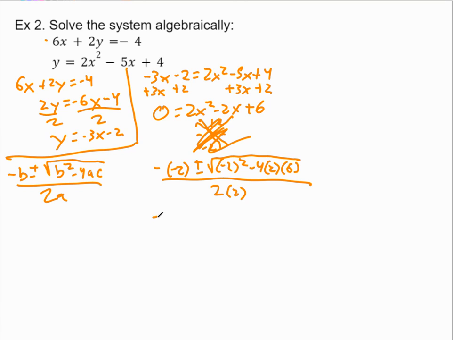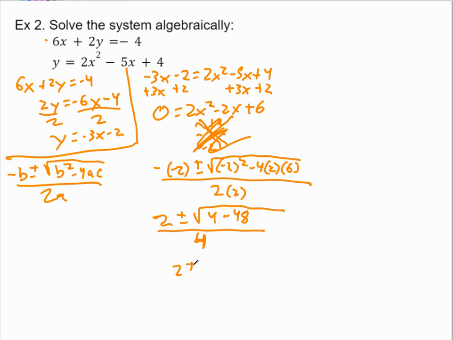So if I start to work this out, I'm going to have 2 plus or minus the square root. (-2) squared is 4, minus 4 times 2 times 6. 4 times 2 is 8, times 6 is minus 48. That's all over 2 times 2, which is 4.